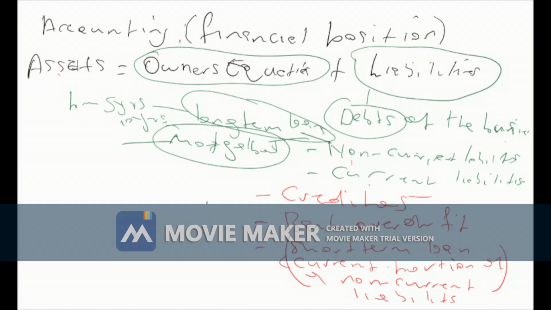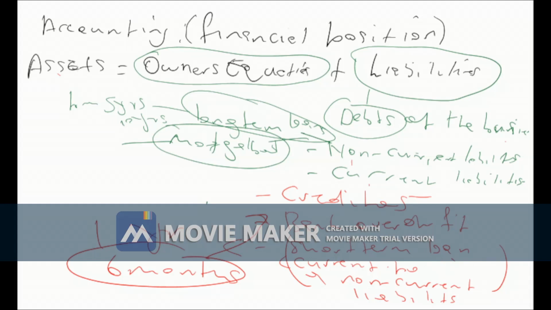And then the short-term loan, which is a current portion of non-current liabilities, is when a business borrows money and repays it within 1 year, maybe 6 months. So that's why we call it current liabilities.